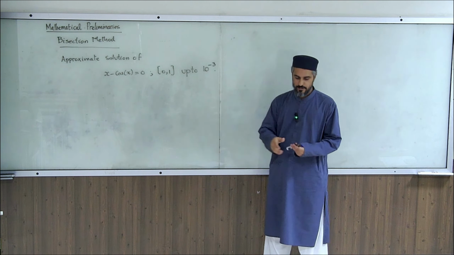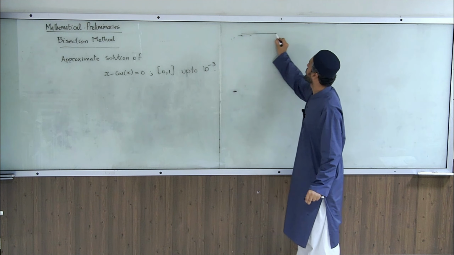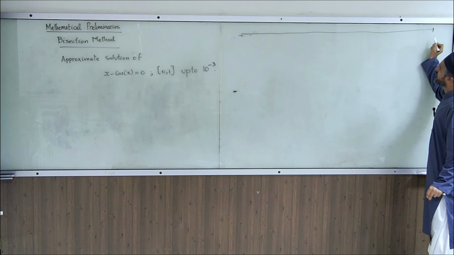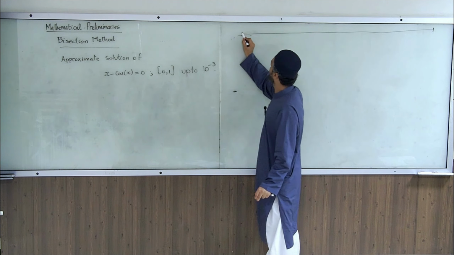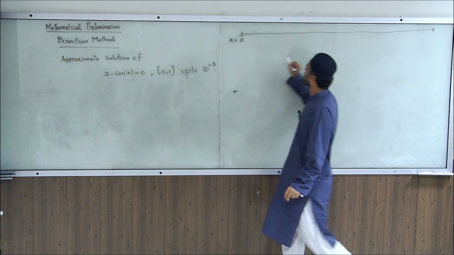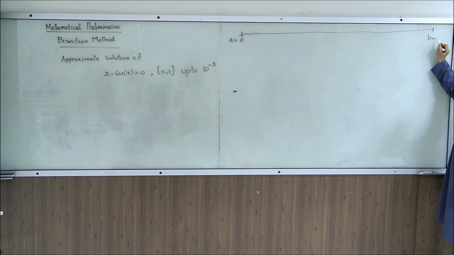Let me just draw a line, and we will be using this line. So I'm just plotting an interval where a equals 0 and b equals 1.